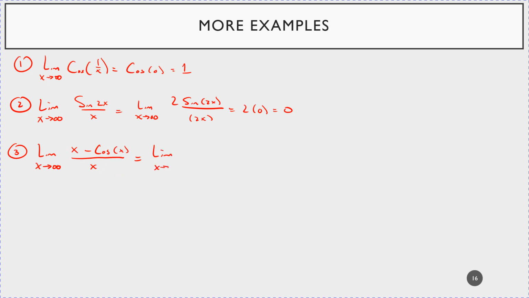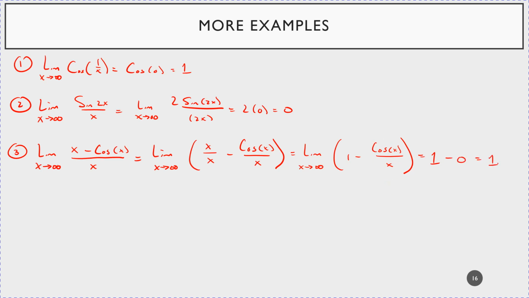So it's the limit as x goes to infinity of x over x minus cosine of x over x, which is the limit as x goes to infinity of 1 minus cosine of x over x. Well, look, the limit as x goes to infinity of 1 is just 1. And what's really cool is this cosine of x over x is the same thing, so you would solve it the same way as we did sine of x over x. And this just goes to 0. So this limit's 1.